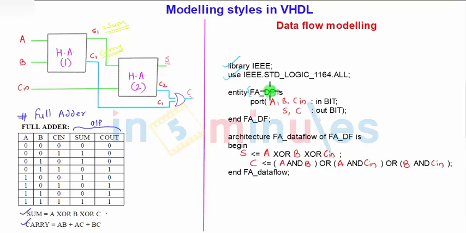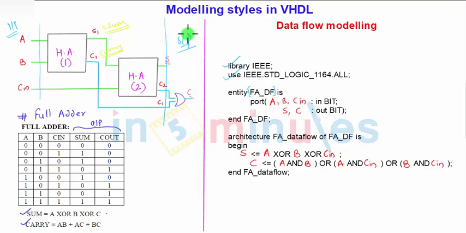So entity is all about the interface, inputs and outputs. So I will define the ports, input ports and output ports. Port A, B, C in, that is the input side for the data flow modeling here, and this is the output side.